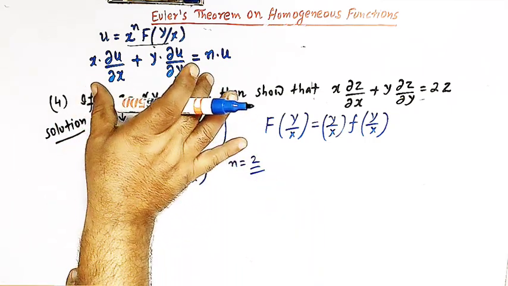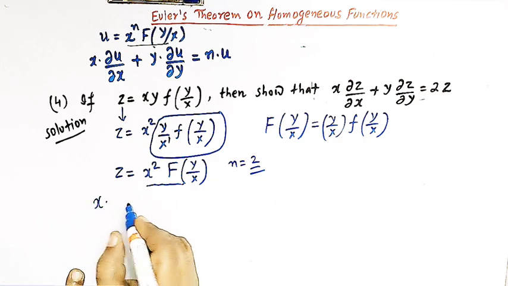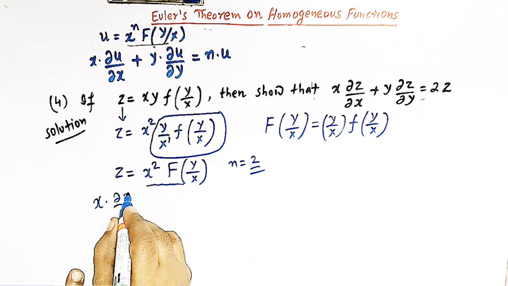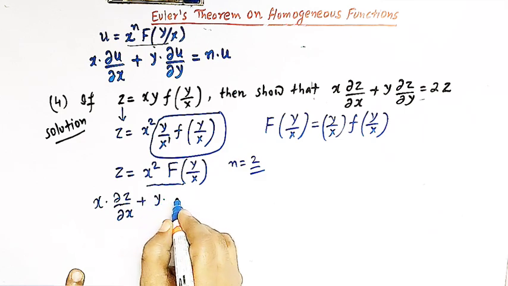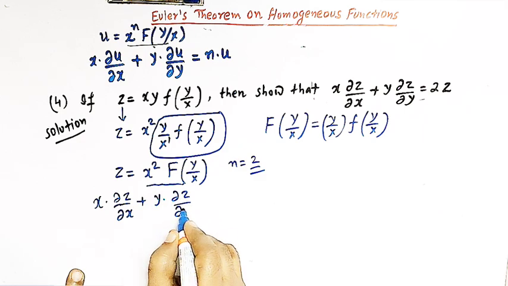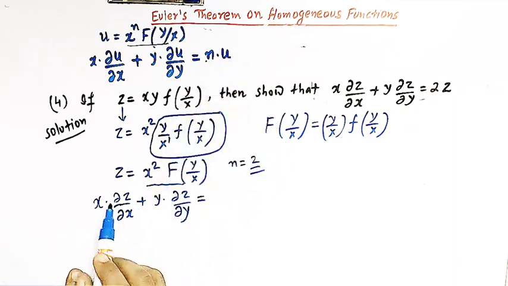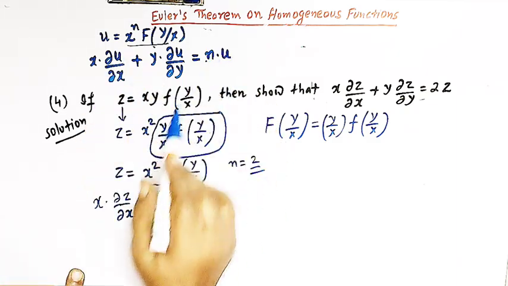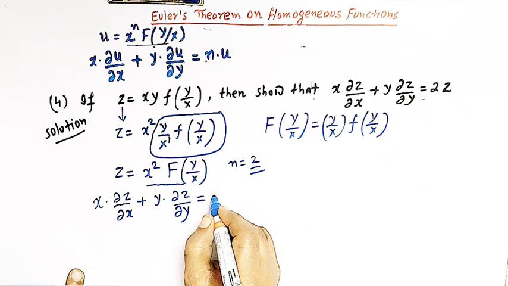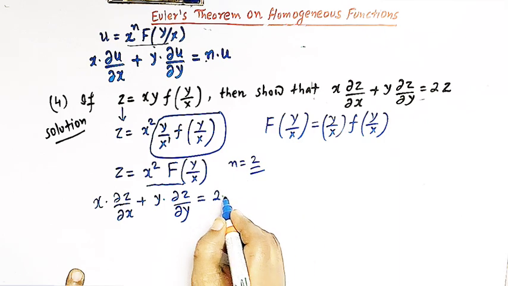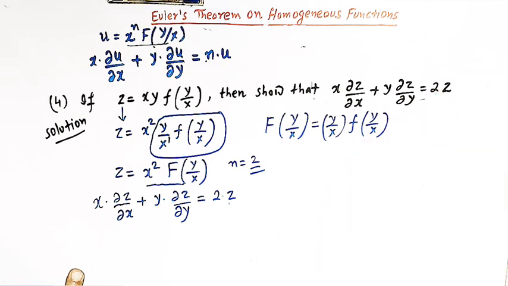So now applying Euler's theorem, we can now write x times del z over del x plus y times del z over del y is equal to n times u, where our function u is z, right, and the value of n is 2, so we can now write 2 times z, and this is our desired result, right.